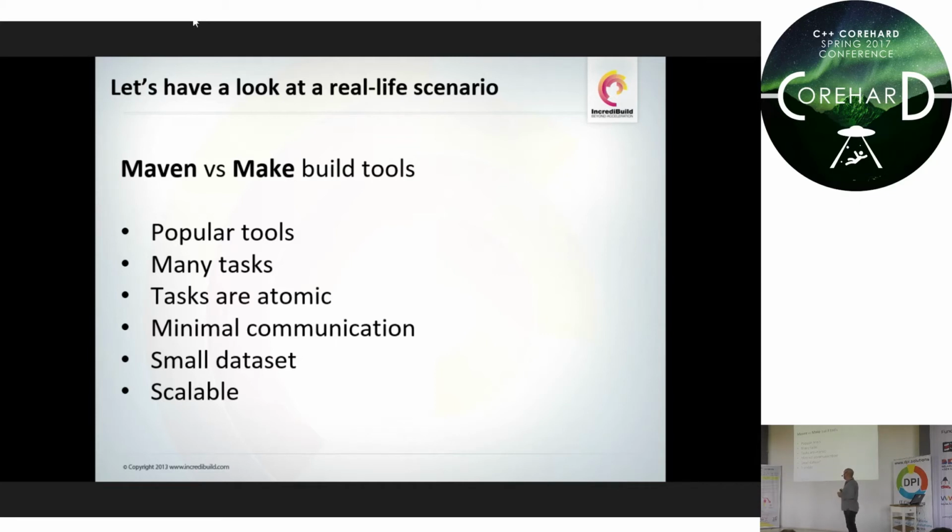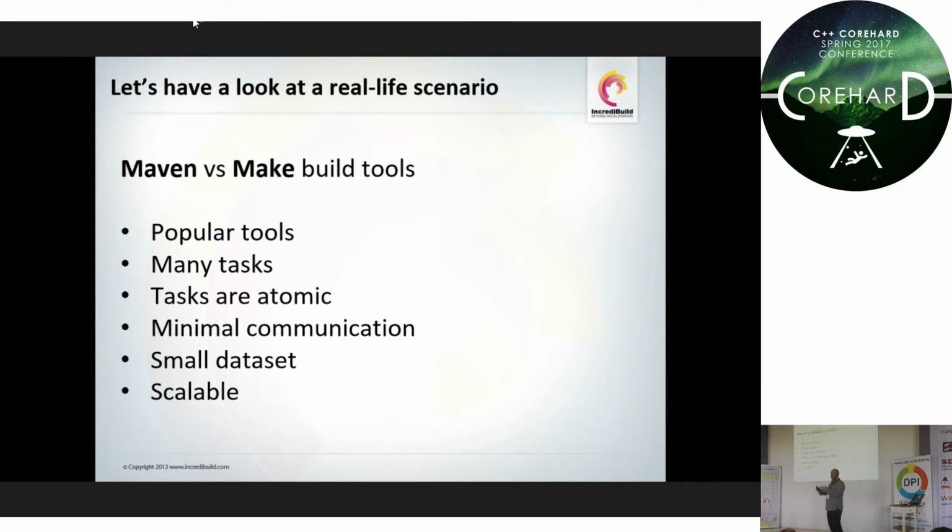They are both very popular. They have a lot of tasks. Each of them compiles a lot of units. Every task has everything that it needs, usually a file as an input and a file as an output. They have minimal communication between these files. They have small data sets, and they can scale.